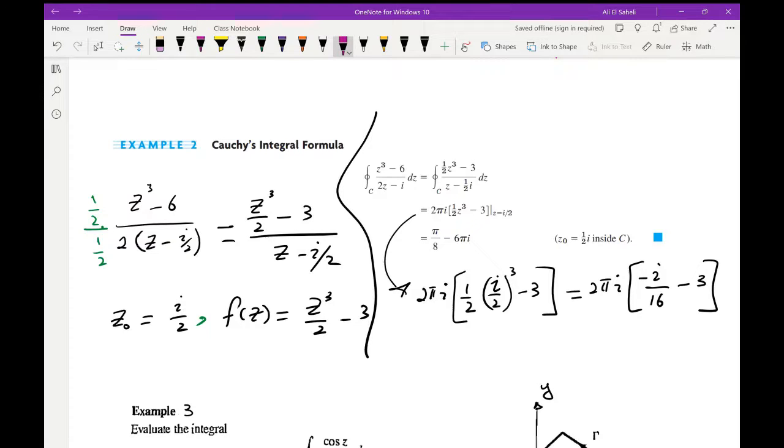Now if you multiply this out, i times i is minus 1, and we have a minus, so this is equal to 2 divided by 16, the 2 cancels the 2 factor from 16, so that's pi over 8. 2 pi i times minus 3 is minus 6 pi i.